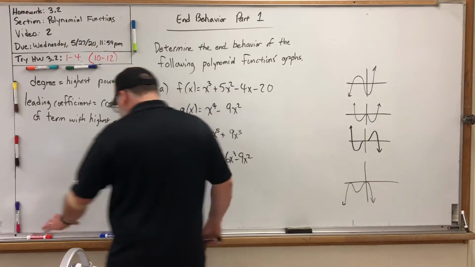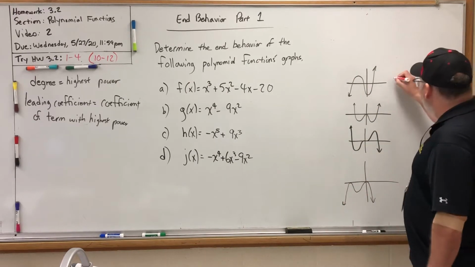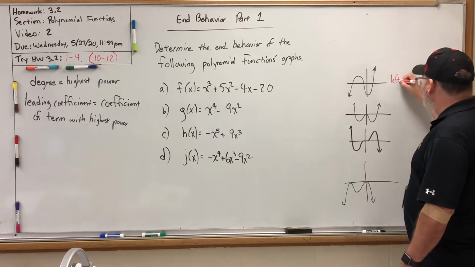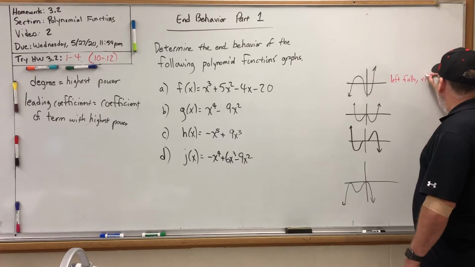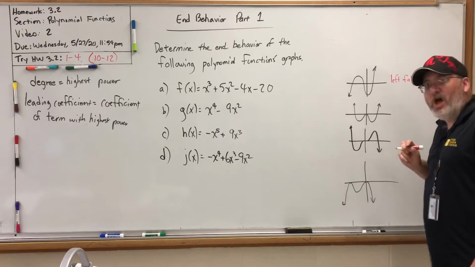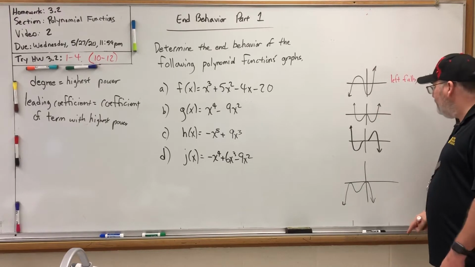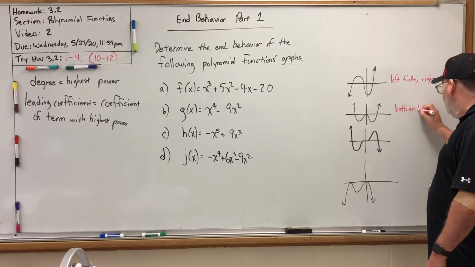For example, on this first graph, we would say the left falls, because the left end points down, and the right rises, because the right end points up. On this one, since both ends point up, we would say both ends rise.